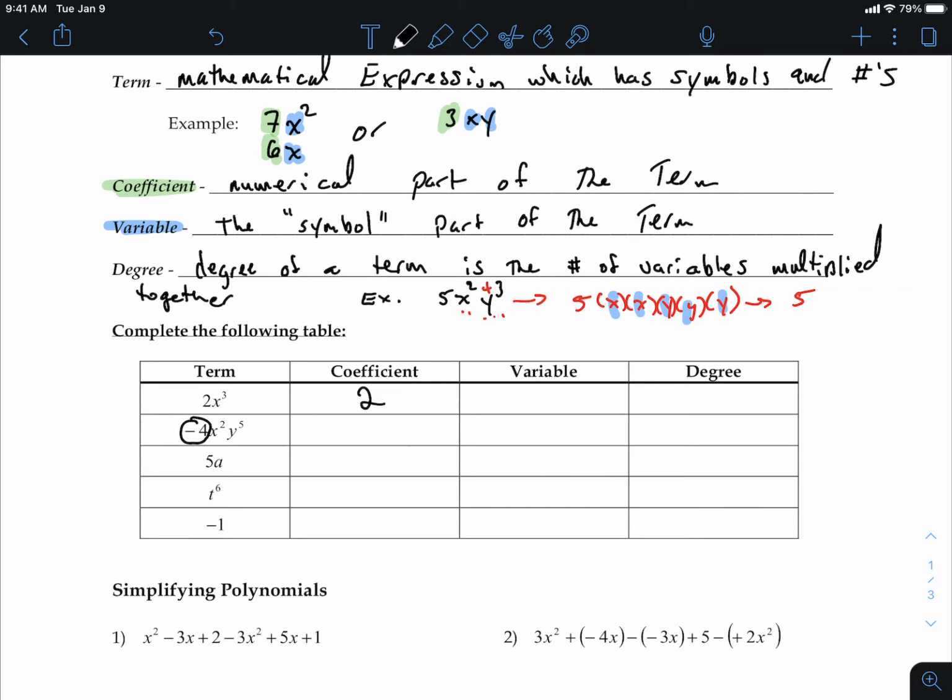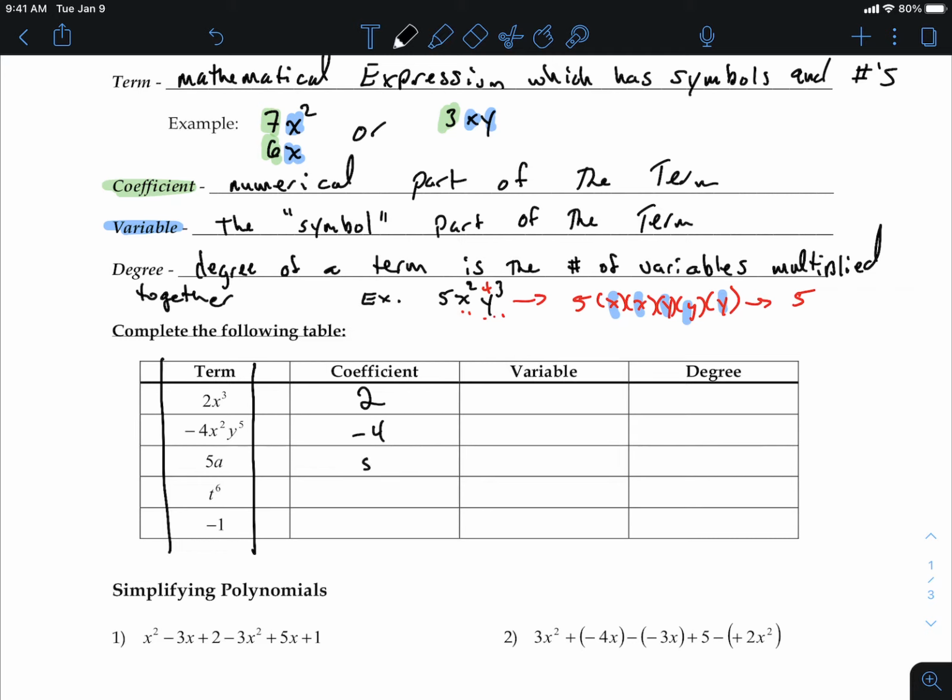It's -4. And remember what all these are, just the big picture here. These are all terms. That'll mean more once we start doing some things here. The big picture is terms, and then terms are sub-broken into coefficients, variables, and then each of them has a degree. That's kind of what we're doing.